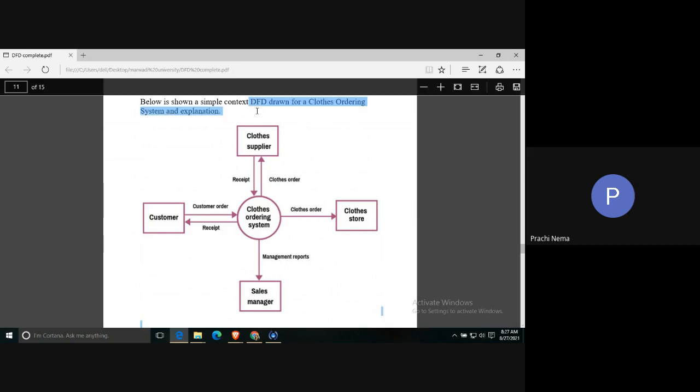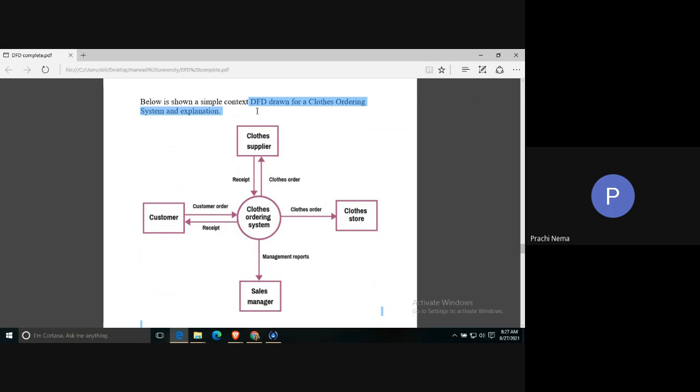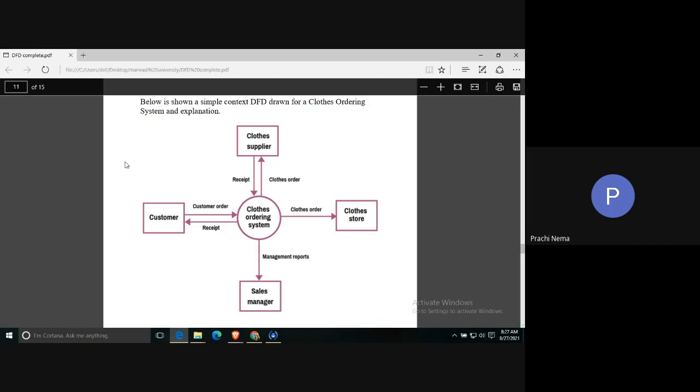A few examples we can take from our daily life: a clothes ordering system can be Myntra, Jabong, Ajio, Amazon, Flipkart, all those are clothes ordering systems. Because those are online systems, you frequently use them and are more familiar with them. So we can consider those as examples of this clothes ordering system. Then you will understand it better.